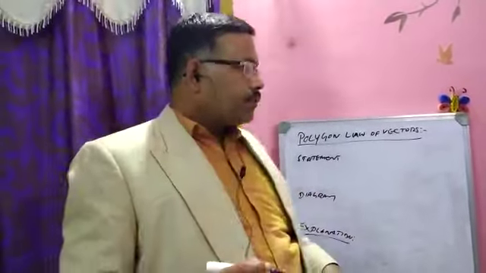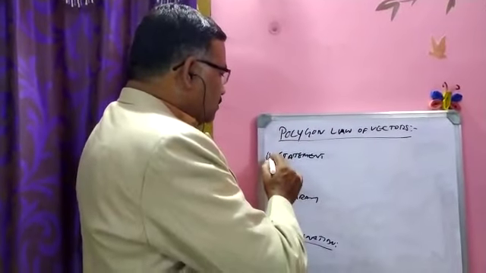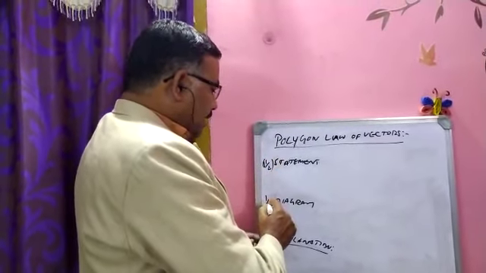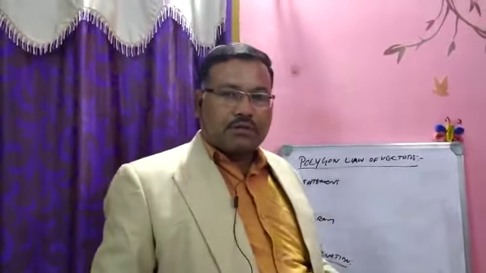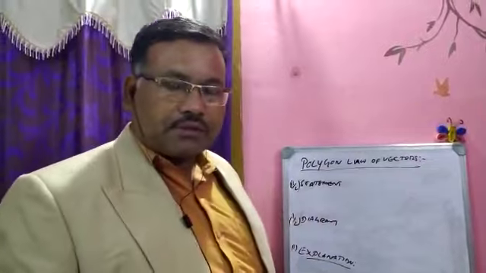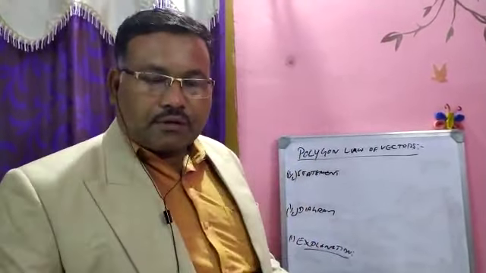The statement carries 1.5 marks, the diagram half a mark, and the explanation 1 mark. So it gives 3 marks for the polytechnic students, if this question comes in the Part A questions.